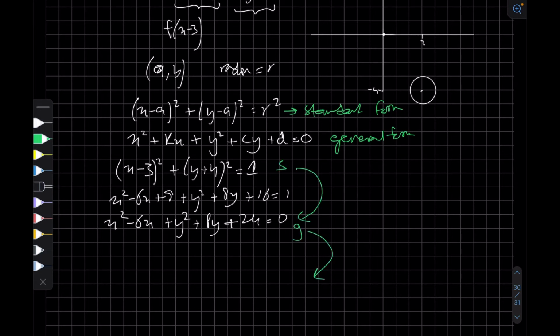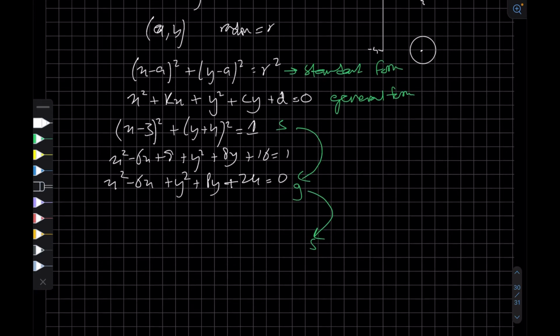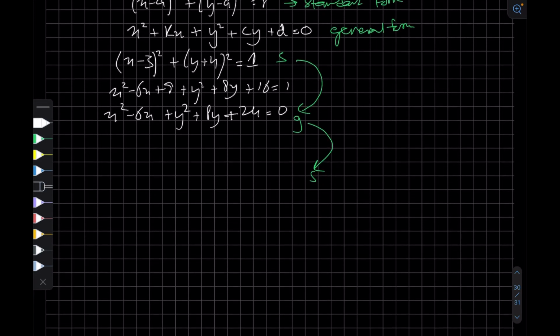But if you want to go back to the standard form, you can complete squares. So if I complete the square on this portion, it will be x squared minus 6x plus 3 squared minus 3 squared plus y squared plus 8y plus 4 squared minus 4 squared plus 24 equals 0.